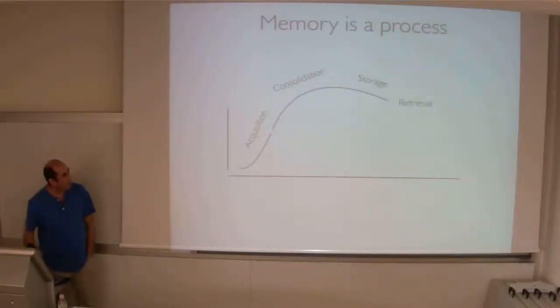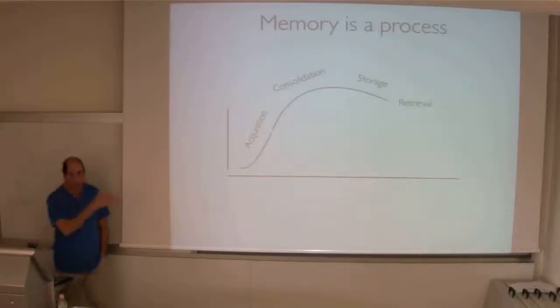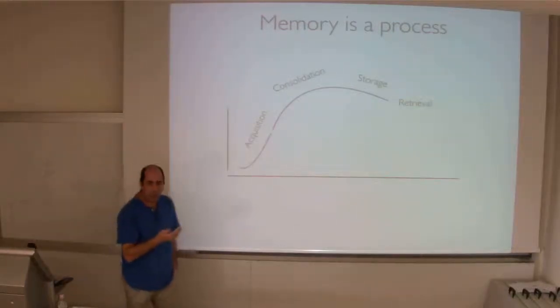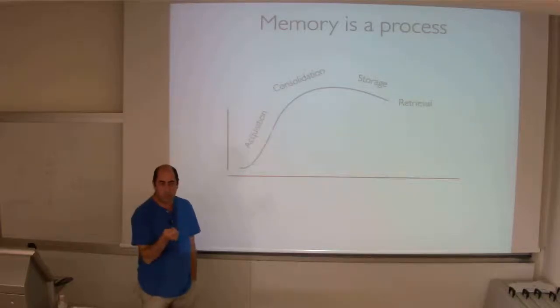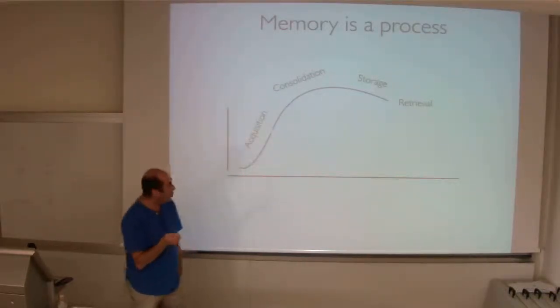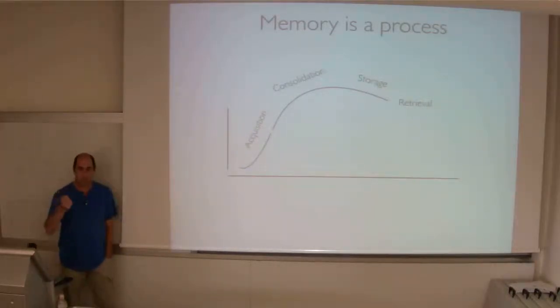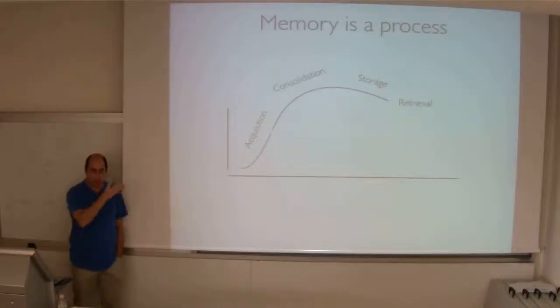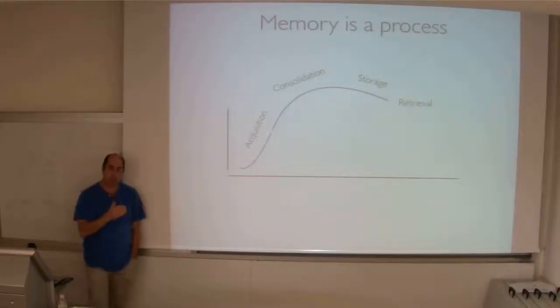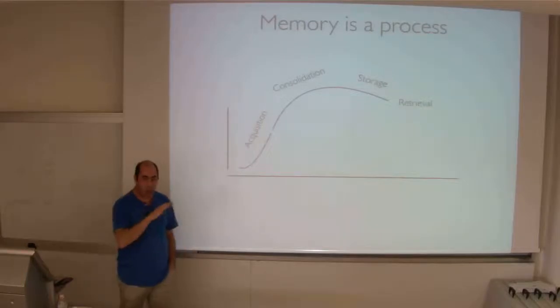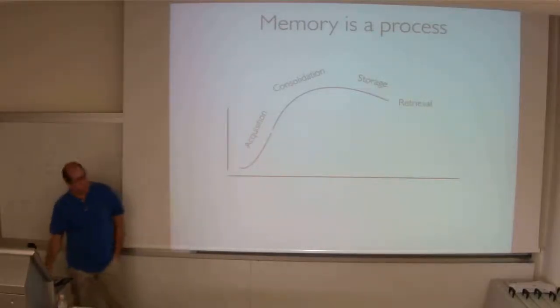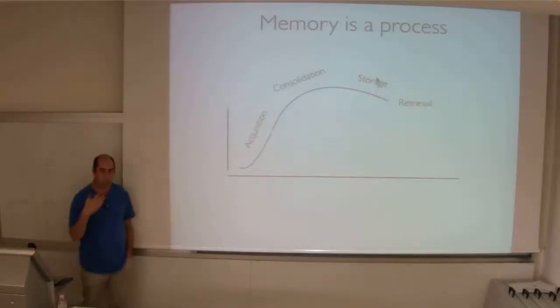At any time during this process, you might need to retrieve the memory, which is a different process altogether. And people have shown that retrieval at different time points of this process can actually affect the memory. So memory is not something very stable, and for example, during storage, it keeps transforming.